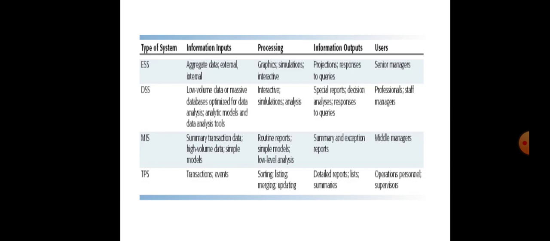In DSS the information inputs are low volume data or massive databases optimized for data analysis, then analytic models and data analysis tools. The processing happens in an interactive mode, using simulations or analysis, and the output generated is special reports, decision aids, and responses to queries. The users are professionals and staff managers.